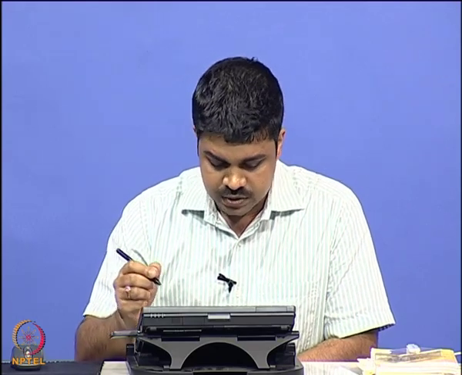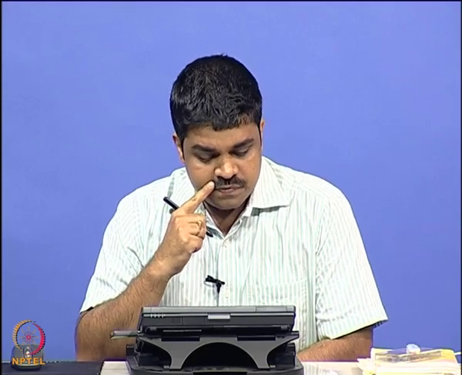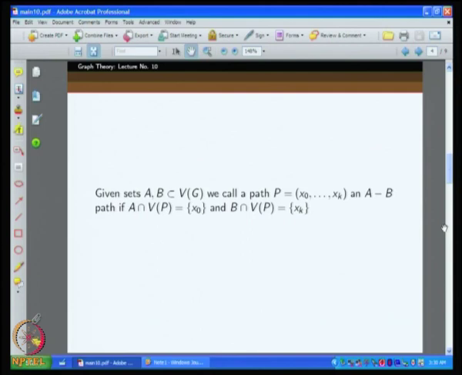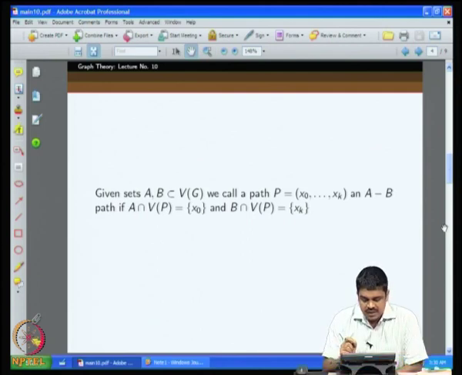So let's see. We need some definitions here. We need to convert the notions into a slightly different way, because we are going to prove Menger's theorem in a slightly more general setting, following Reinhard Diestel's book.